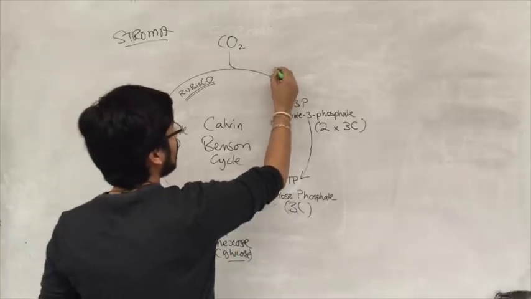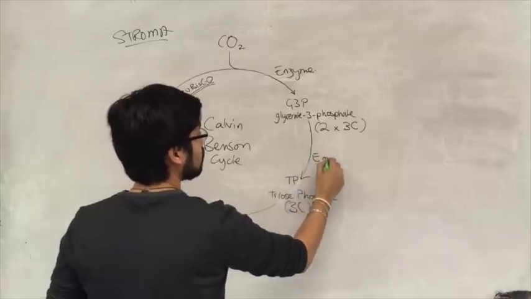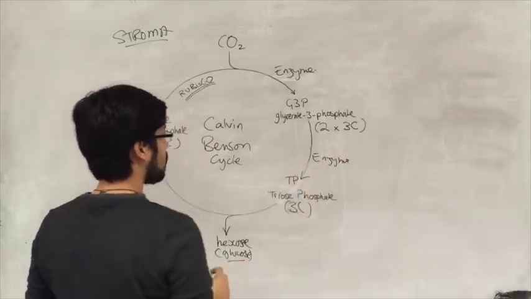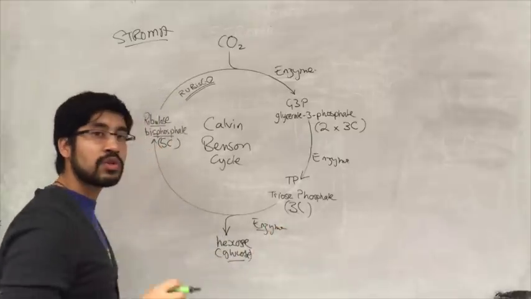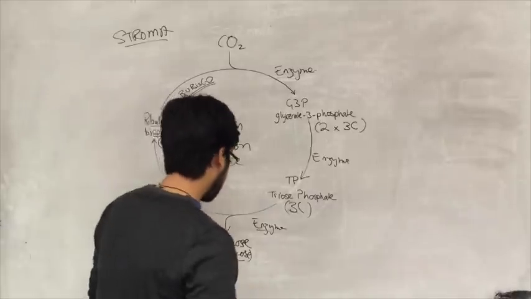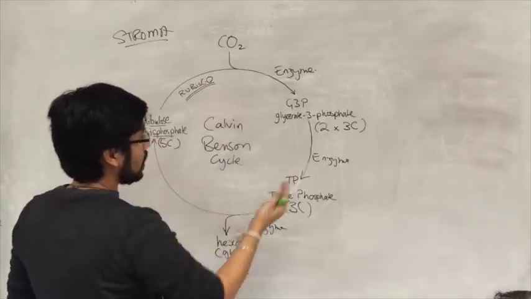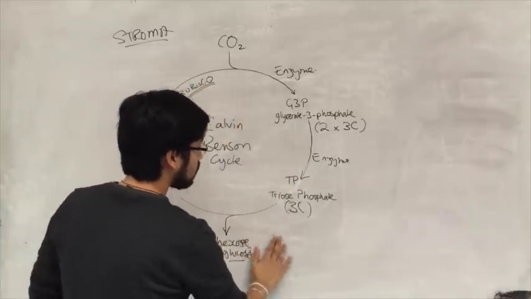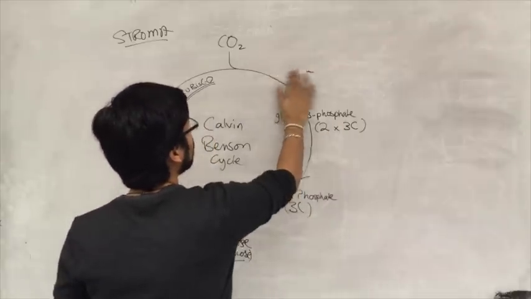Remember, there'll be an enzyme that carries each of these processes out. This is important for you to understand, but you don't need to know the names of those enzymes. The main point being, we have made glucose.